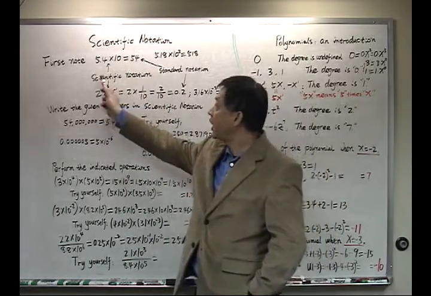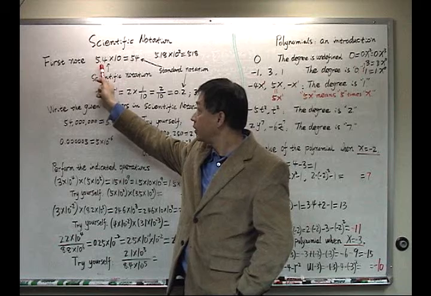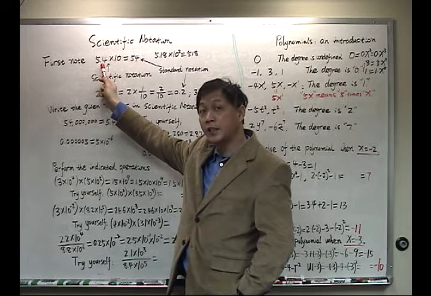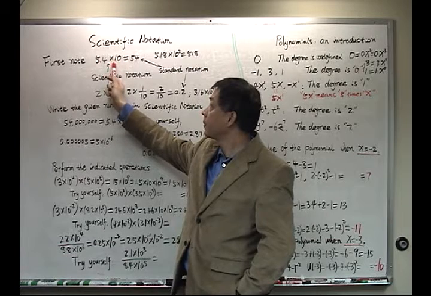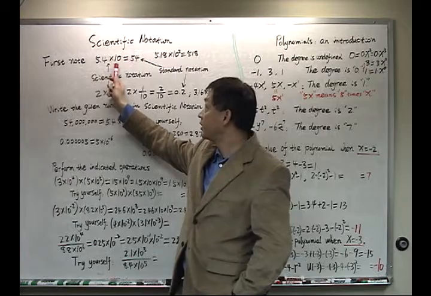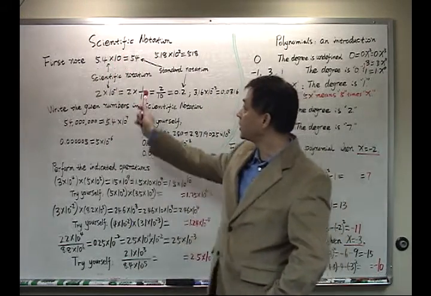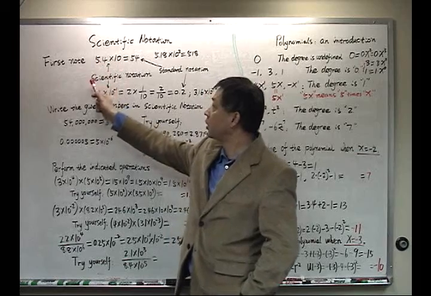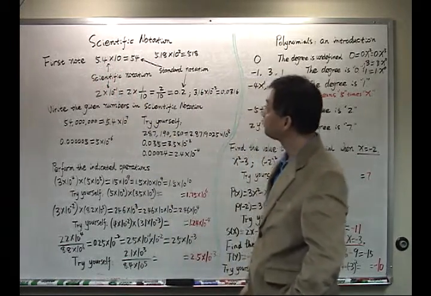The left-hand side has a single digit in front of the decimal point, and the rest of the digits are decimals behind the point, times 10. So this kind of notation is called scientific notation.